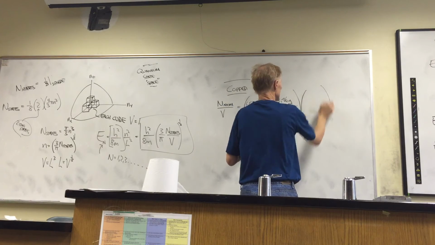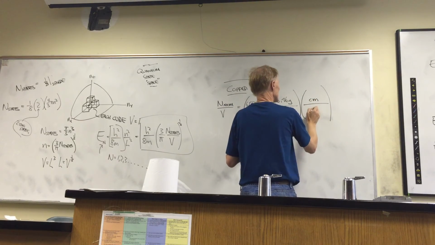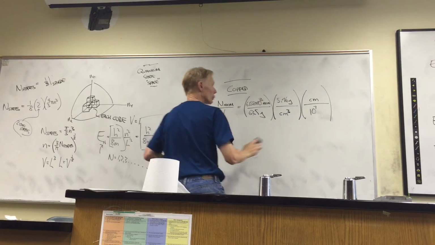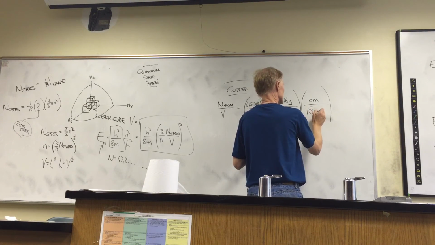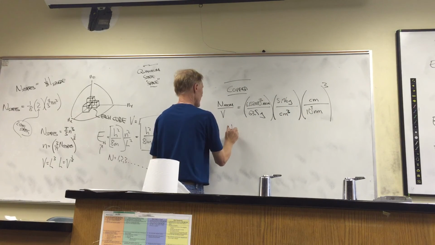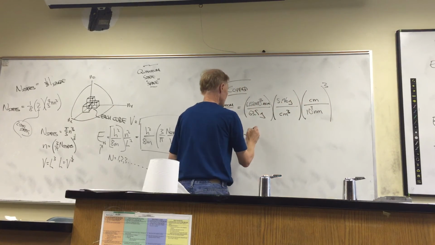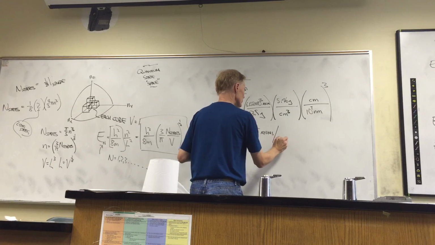And then I actually did this. I converted the cubic centimeters into cubic nanometers, because I didn't want big numbers. And I have to do that 3 times. So what I got for copper is the number of atoms per volume in a block of copper is 85 atoms per cubic nanometer.